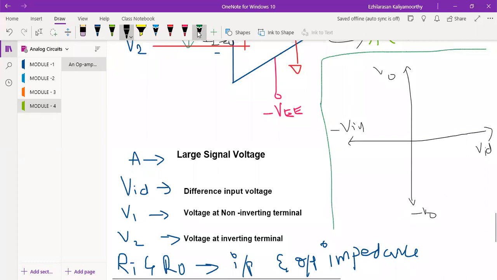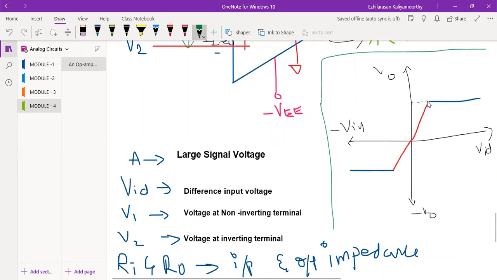The output will be simple: as the input increases up to one point, then what will happen? It will saturate. That is saturation. In the same way, when the input increases in the negative direction, after one particular point it will saturate. So we need to know what this portion is.